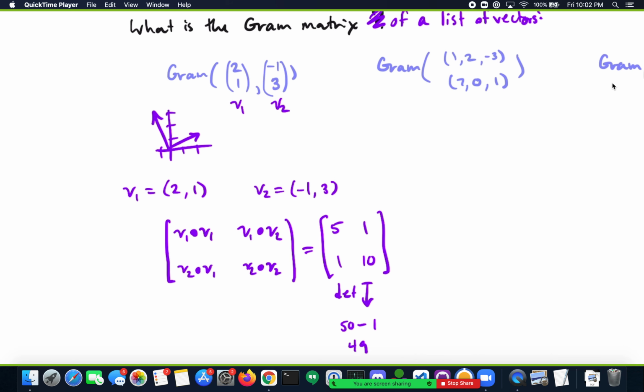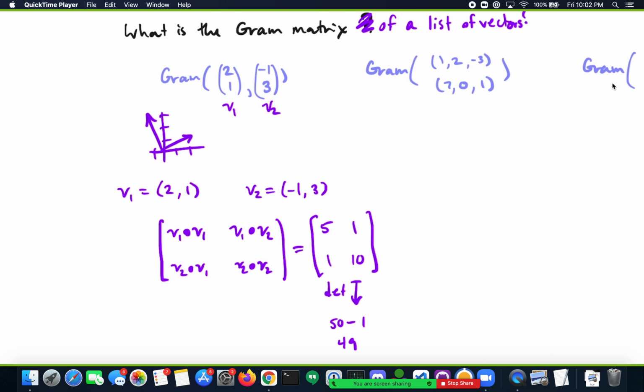What ends up being the case is that if we take the square root of 49, which in this case is 7, it turns out that this parallelogram has volume 7. That is why we care about Gram matrices, and that is why we care about determinants.